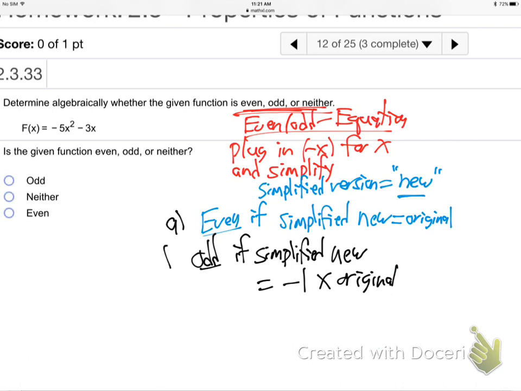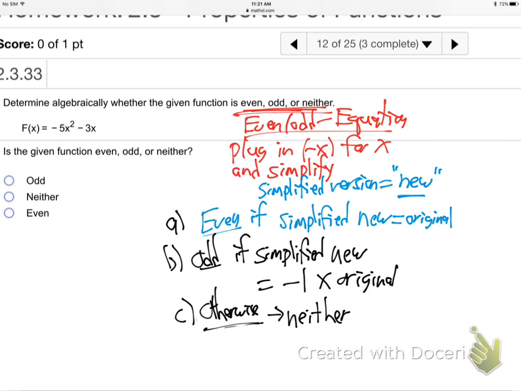So that's A, B, and then C. Otherwise, if it doesn't do either one of those, it's neither. Is that making sense then?